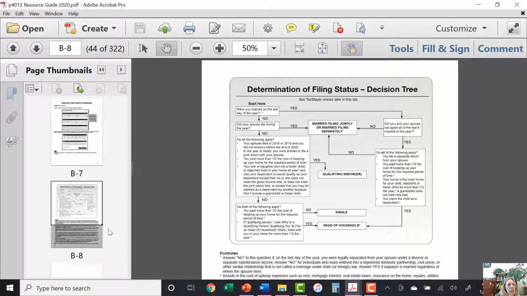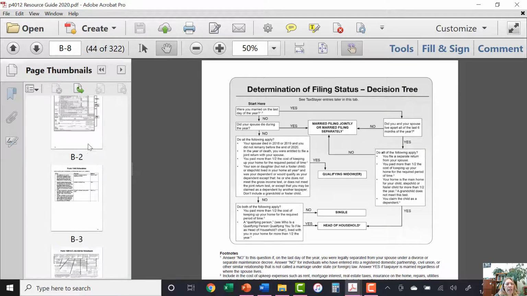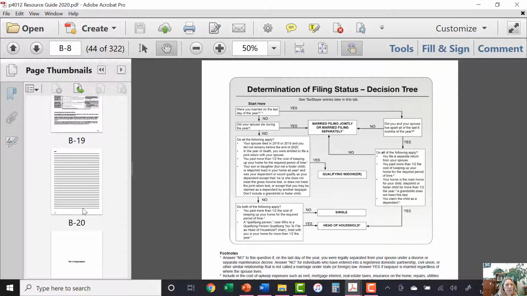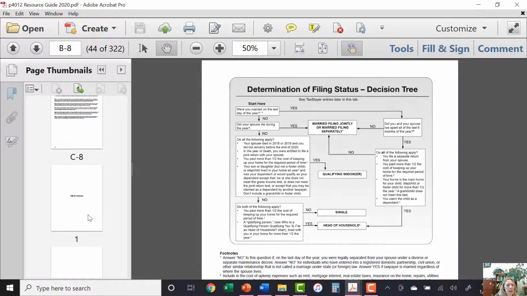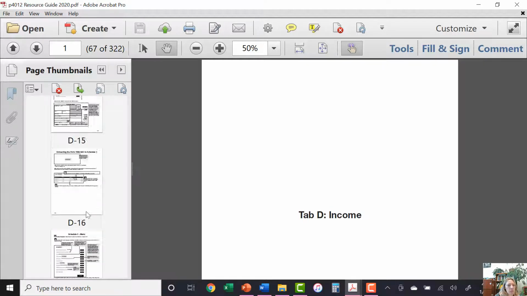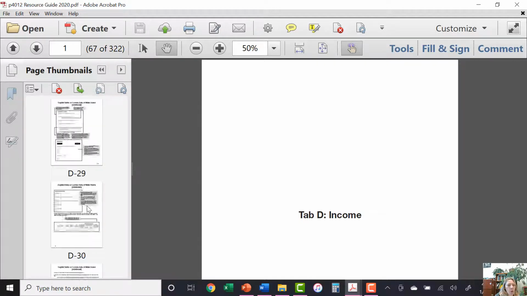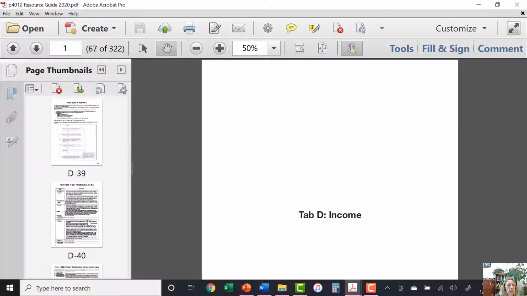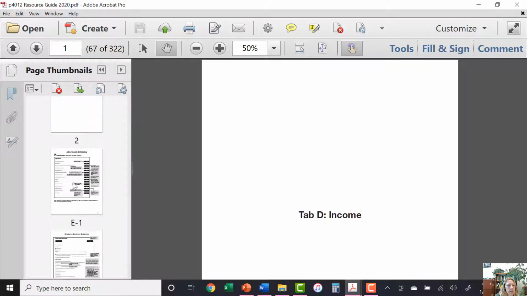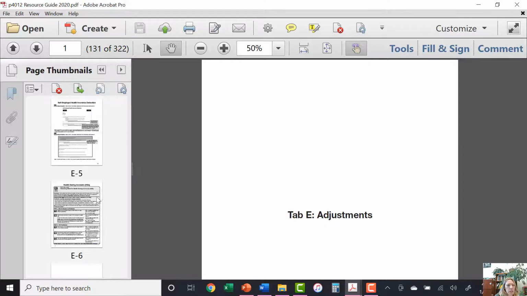There's also a tab in here for the ACA. And I don't exactly remember where it is. Income. So I'm just going to scroll through here. I think it's like H or something like that. Adjustments.